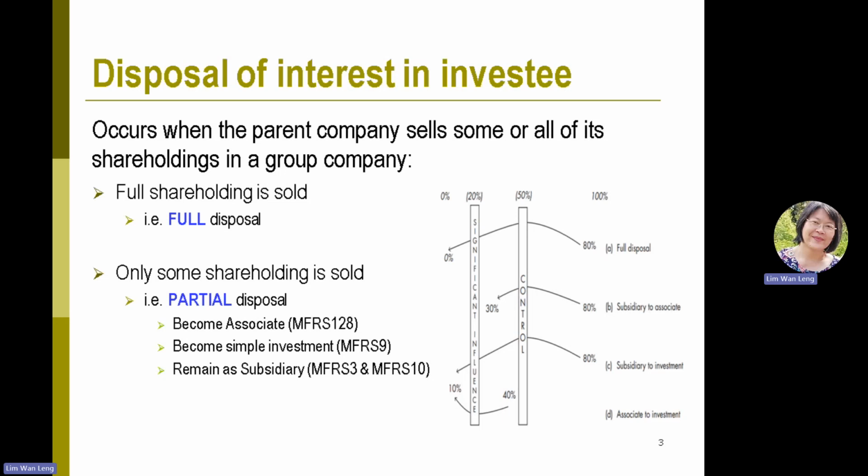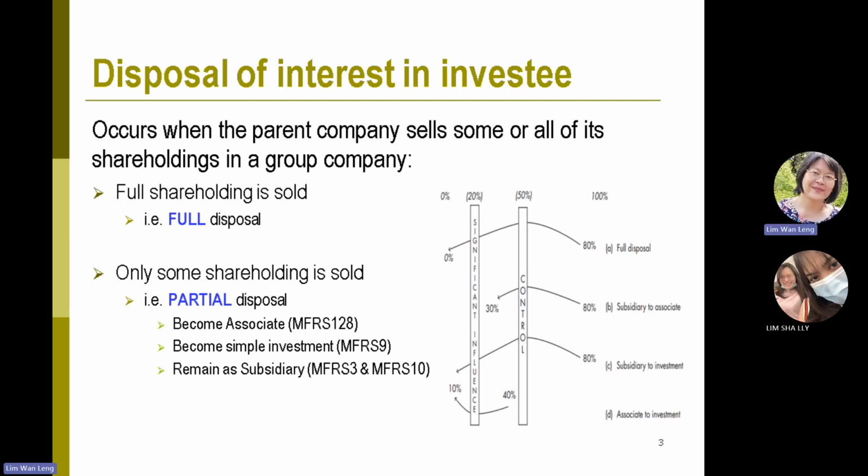This pure investment you account for under a financial asset, taken under MFRS 9. Then you may have scenario D, associate to investment. This one we are not that concerned with, but you still need to know how to do it. Basically, an associate becomes a simple investment.